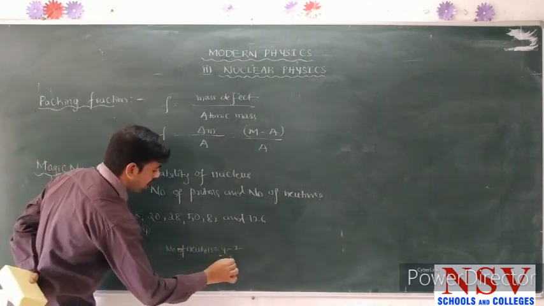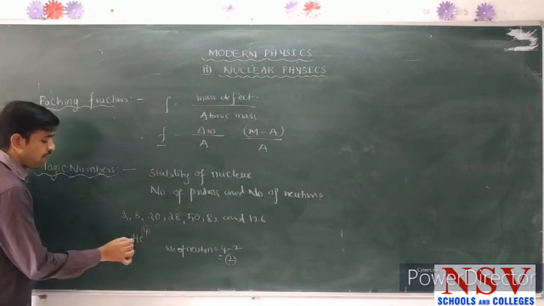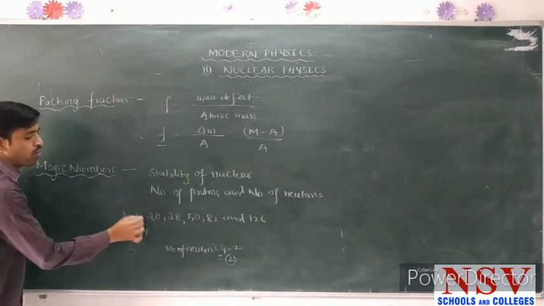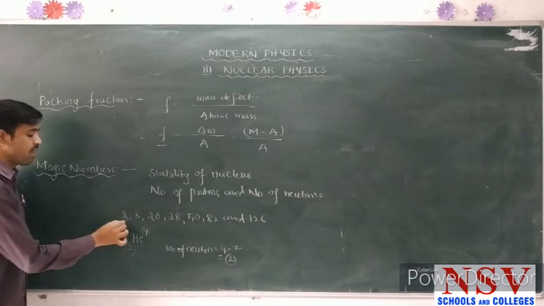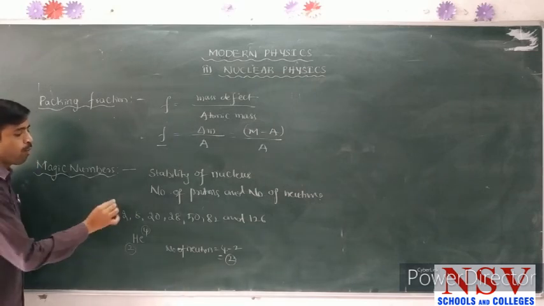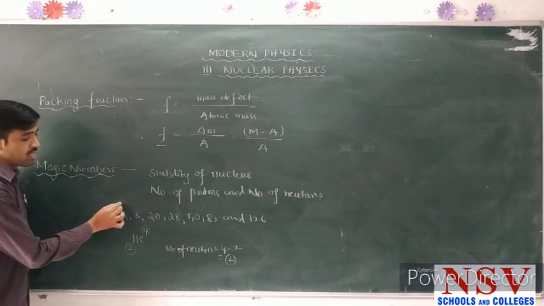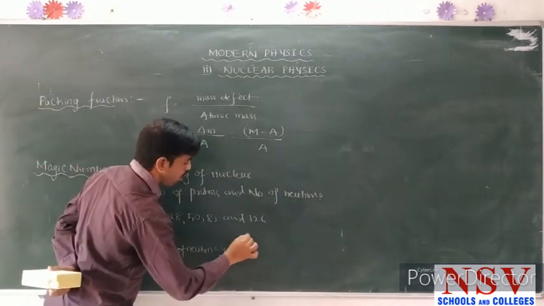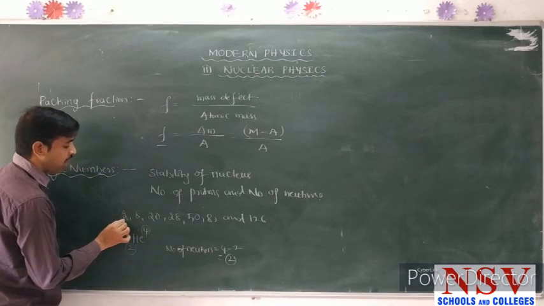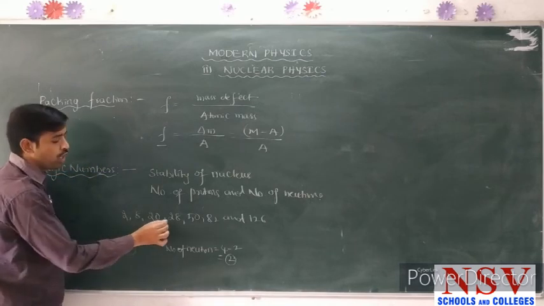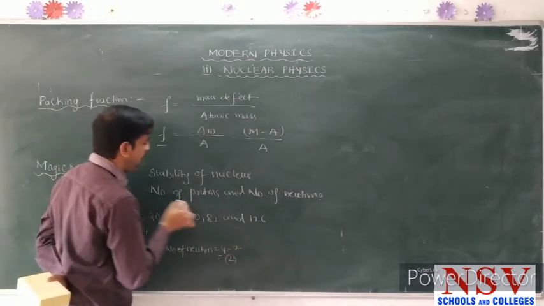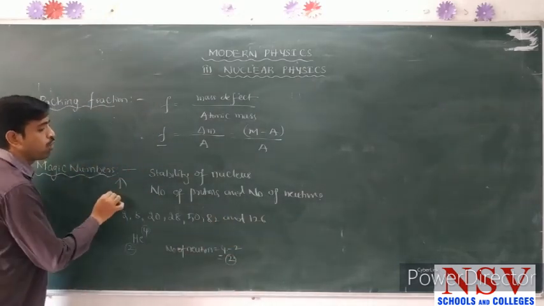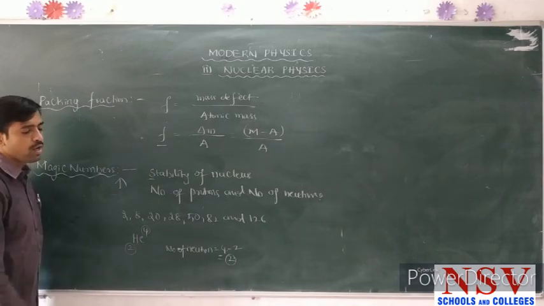Here the number of protons and neutrons are equal, which means it has the most stability, and these atoms are filled with electrons in totally complete sets. Okay, so these atomic numbers 2, 8, 20, 28, 50, 82 and 126 are called the magic numbers. They give the information about the stability of the nucleus.